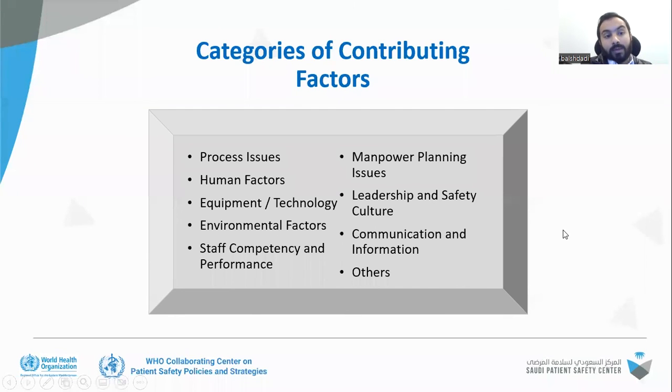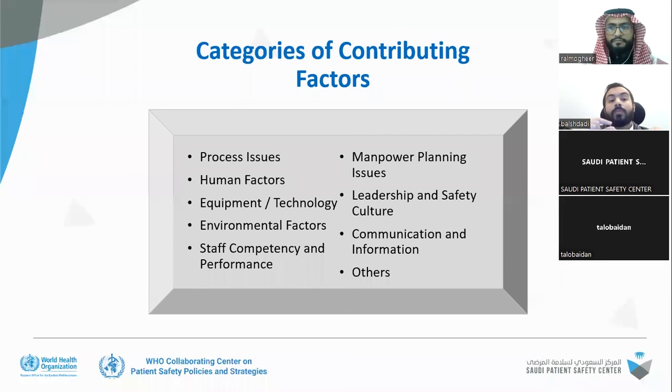If you are in Saudi and using the Saudi Patient Safety Center portal, as Dr. Tarfa and Dr. Rakan talked about in the previous lecture, there are triggering questions in the website. Whenever you put human factor or process issue, there are trigger questions that will help you proceed with the case. This way, you will make sure that you have covered almost all the possible contributing factors, and you are unifying and standardizing the process.